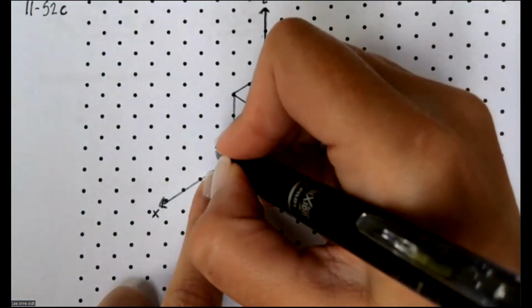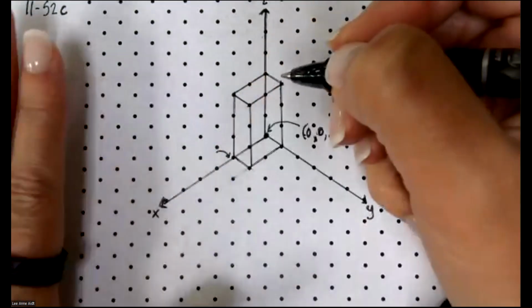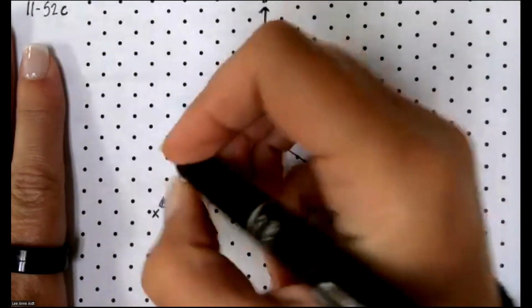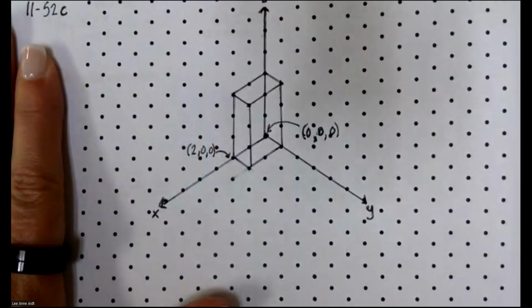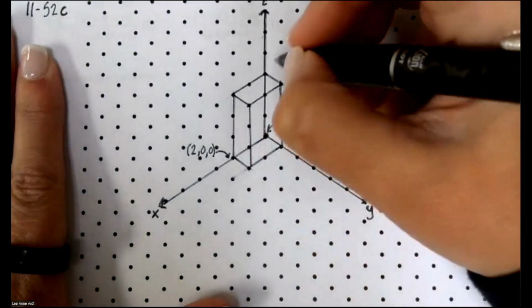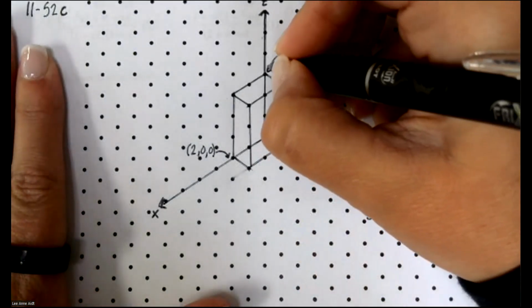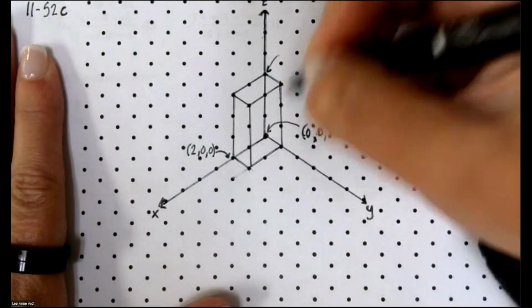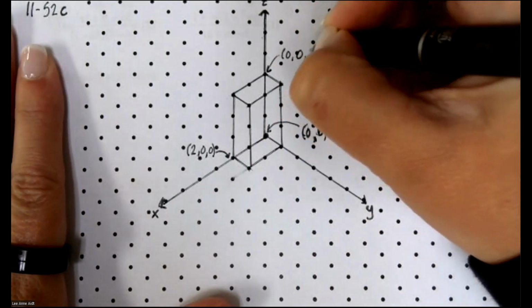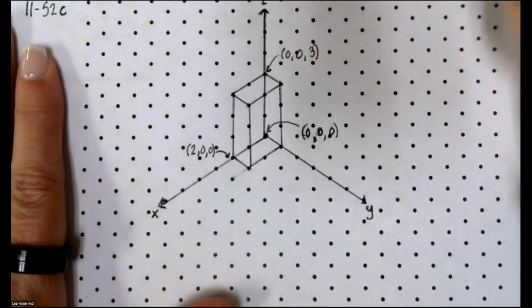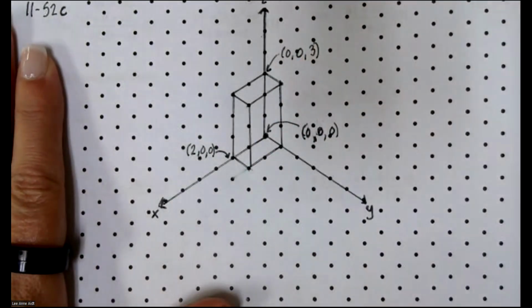This guy right here is 2, 0, 0. Guy at the top up here, 0, 0, 3.